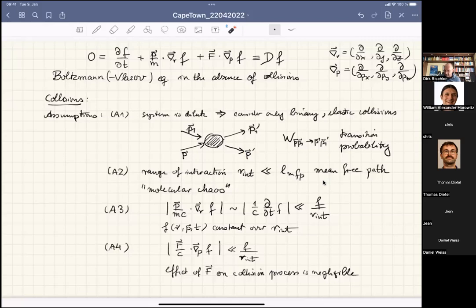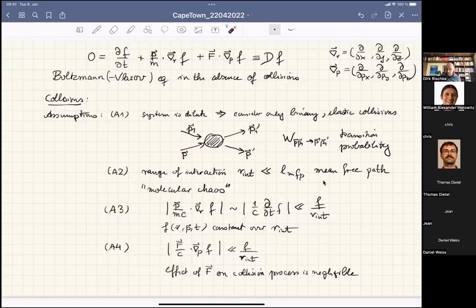Let me repeat it anyway. So you started with some particles in the momentum range around p, and they collide, and then they end up somewhere else in momentum space. They end up with momenta p prime. So after the collision, such a particle is moved away. You get a depletion in the momentum range p due to collisions. So this would be a typical part of the loss term.